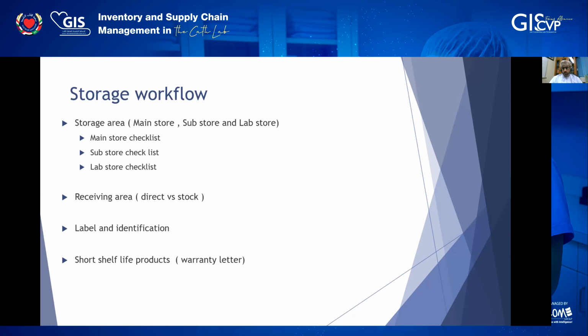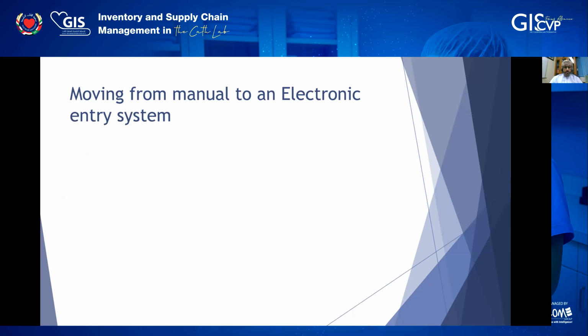And when they arrange the stock, they keep it in a way so they can issue the earliest expiry first. Also, while we are receiving our items, we make sure that if there are any items with a short shelf life, there is a warranty letter. We can replace it later on if it expires in the lab.